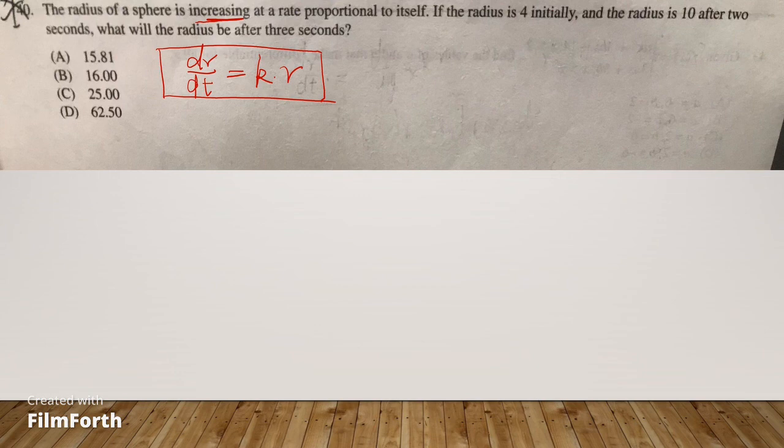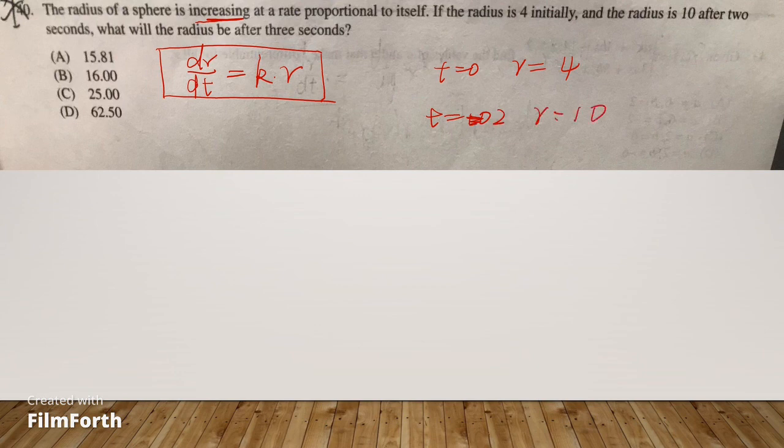And the next, if the radius is 4 initially, that means when t equals 0, radius is 4. Next, the radius is 10 after 2 seconds, so t equals 2, r equals 10.